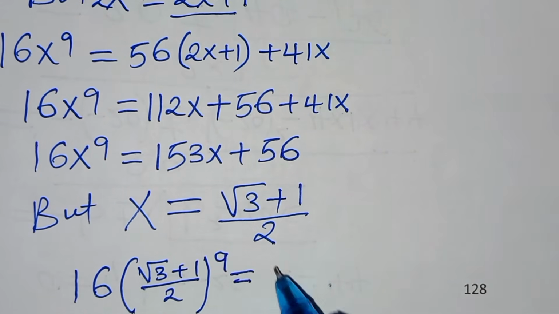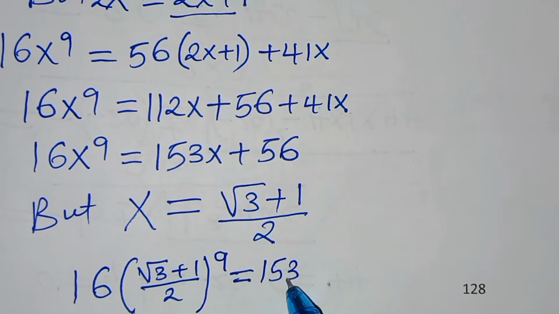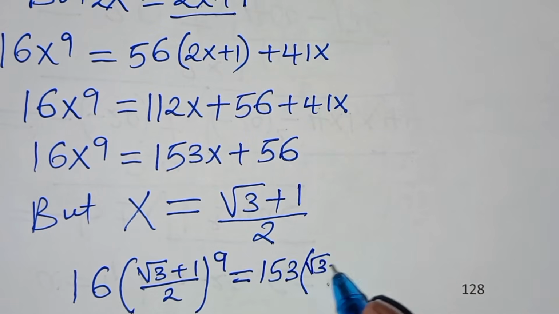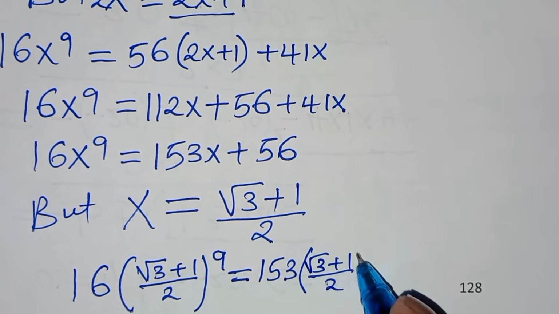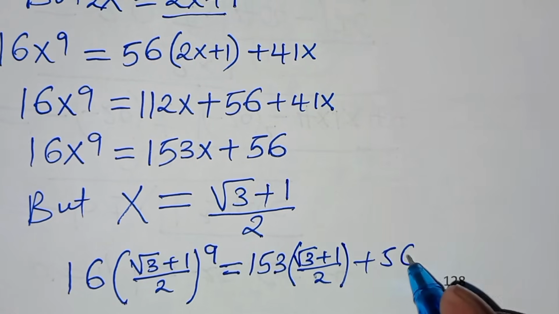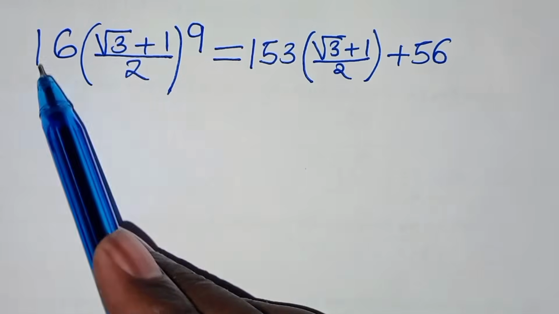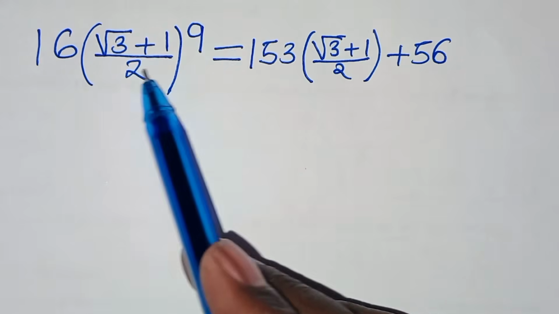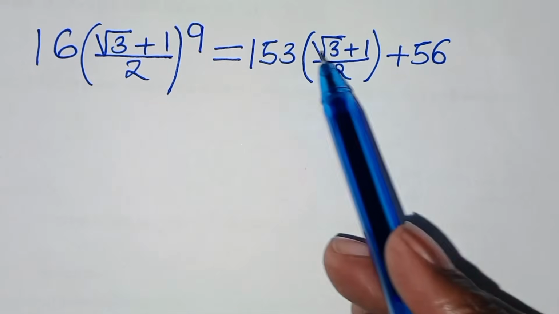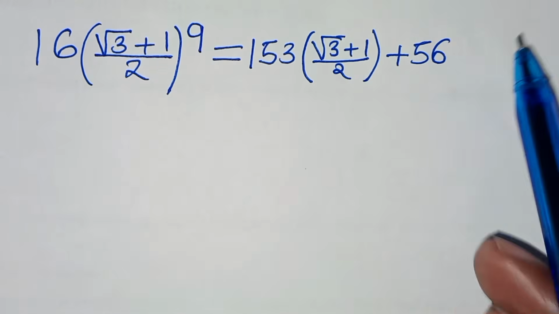This is equal to 153 multiplying by x, which is square root of 3 plus 1 over 2, then plus 56.